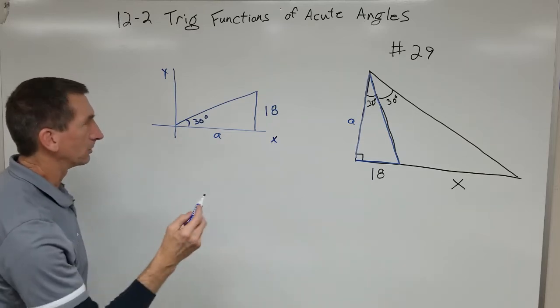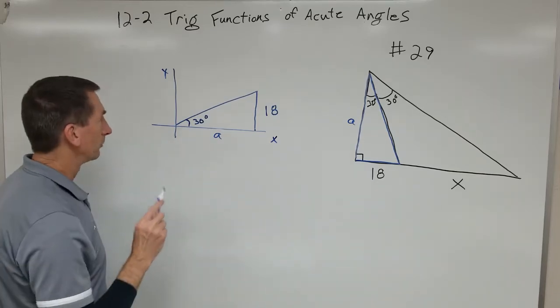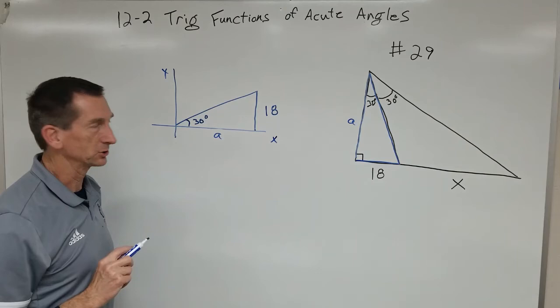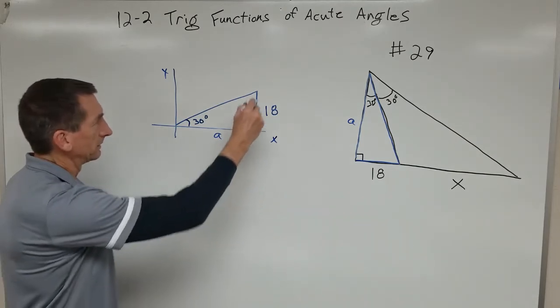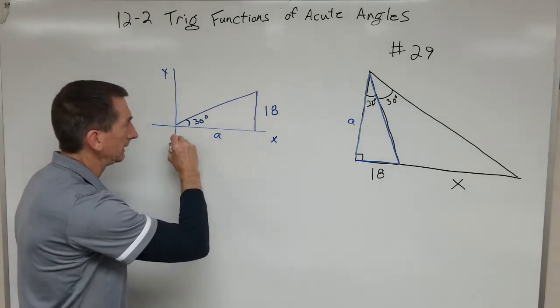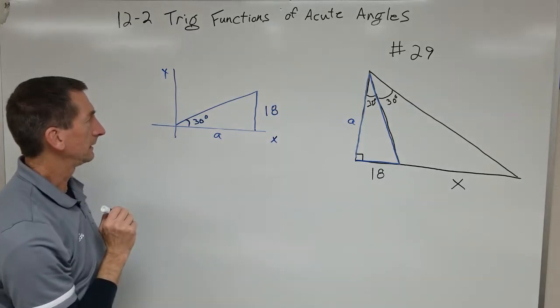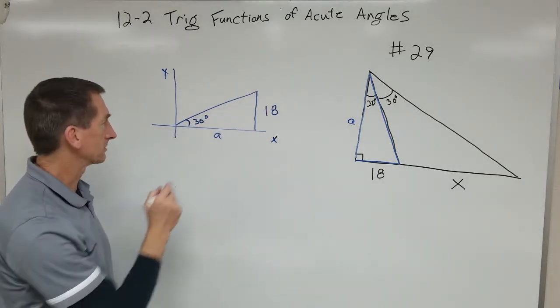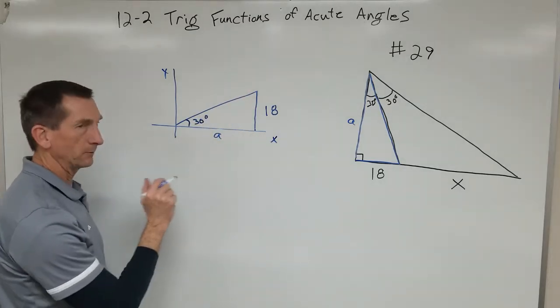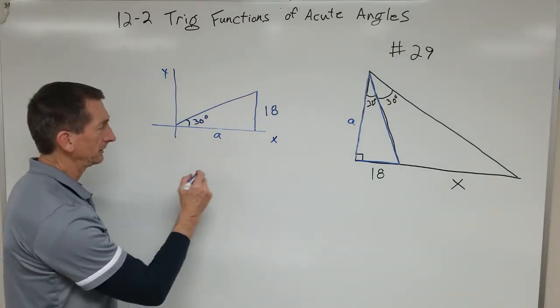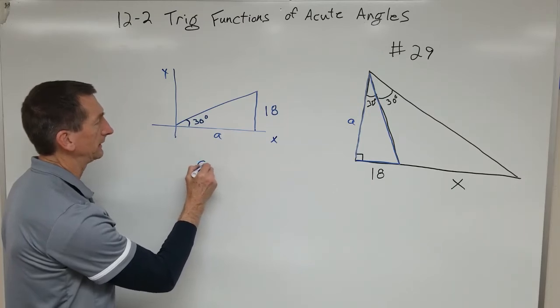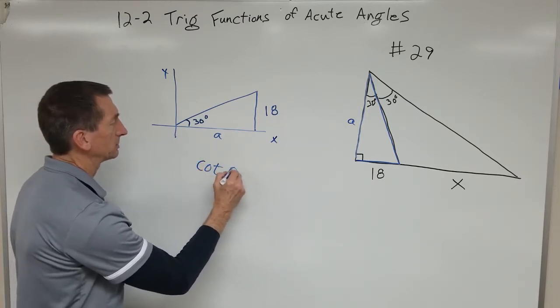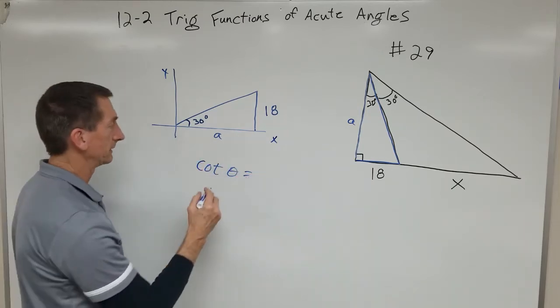Okay, so thinking to myself, which trig function involves the height and the length of a triangle that doesn't consider the radius or the hypotenuse? Well, I would think tangent normally, but I'm going to use cotangent, and I'll show you why in just one second.